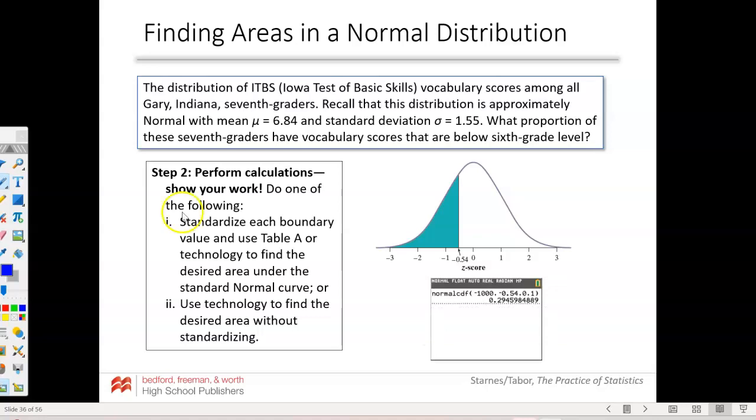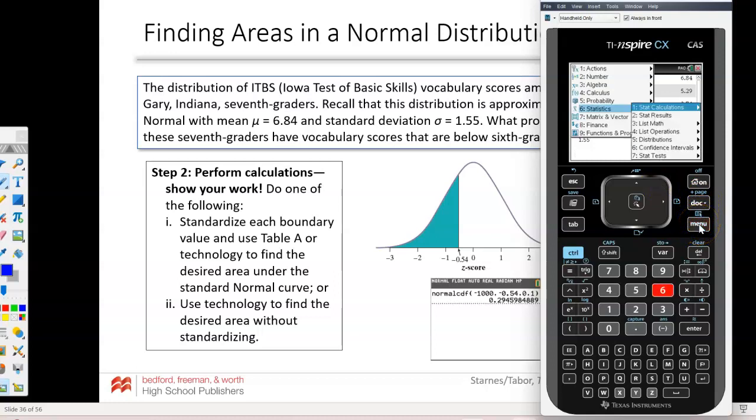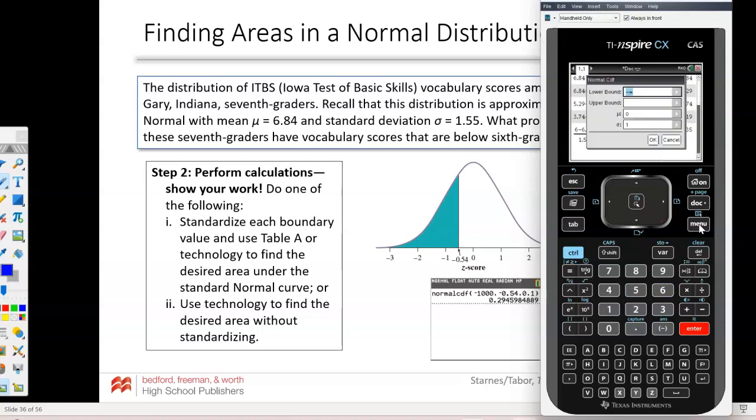So how do we do this with a calculator? Let's get our calculator out and show you how to do this. What you do is you go to Menu, Statistics, Distributions, number 5, and there it is, Norm CDF. The nice thing is it has a wizard that kind of walks you through here. It defaults to negative infinity, which is what we want here, to the left. The lower bound is negative infinity.